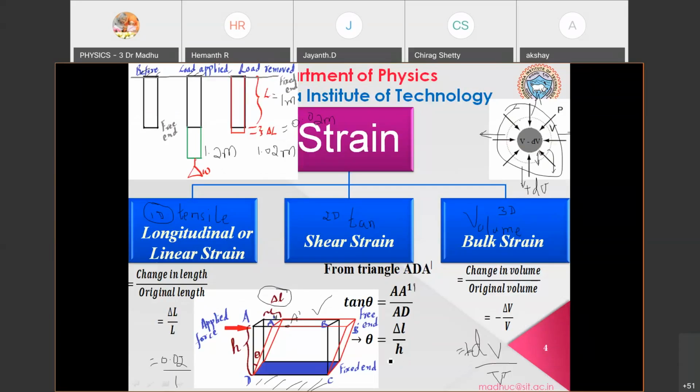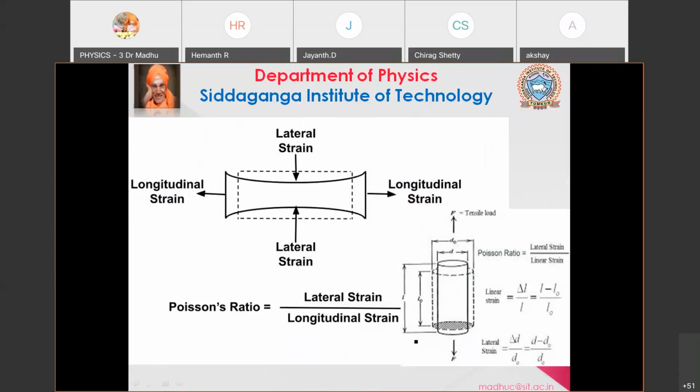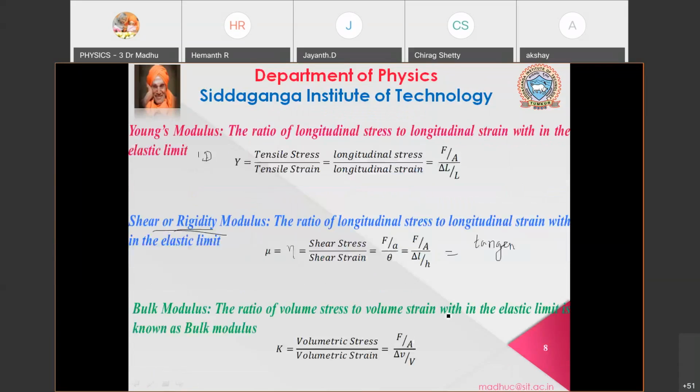Then you should show, this is your delta L and this is the H. Then you get tan theta is delta L by H, or theta is delta L by H. So this is your rigidity or shear modulus.